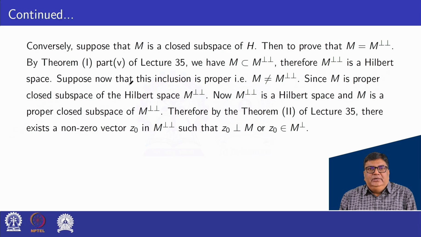Suppose now that this inclusion is proper, that is, M is not equal to M double perpendicular. Since M is a proper closed subspace of the Hilbert space M double perpendicular, because here M is a subset of M double perpendicular.